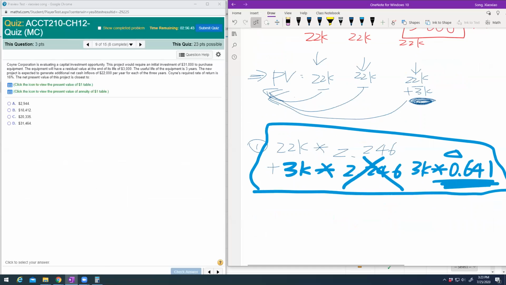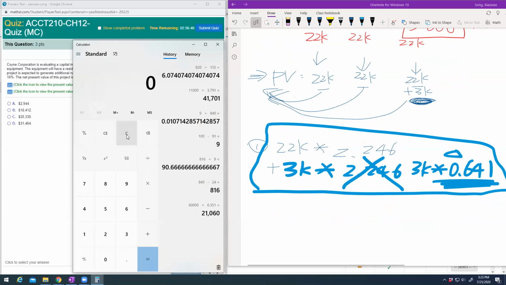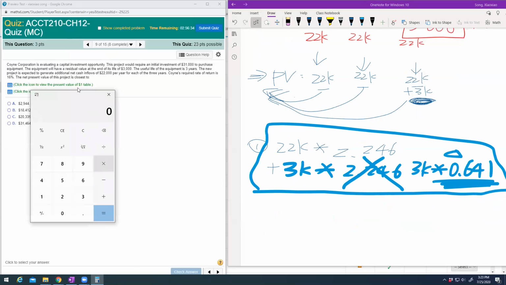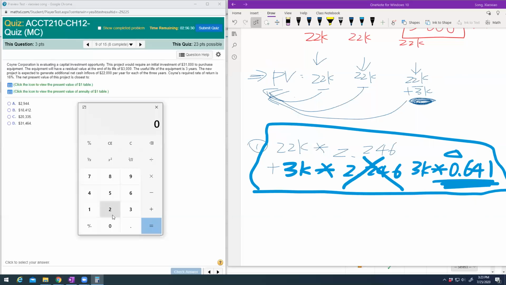Now we have to get the number. So let's look at the number. 22,000 times 2.246.